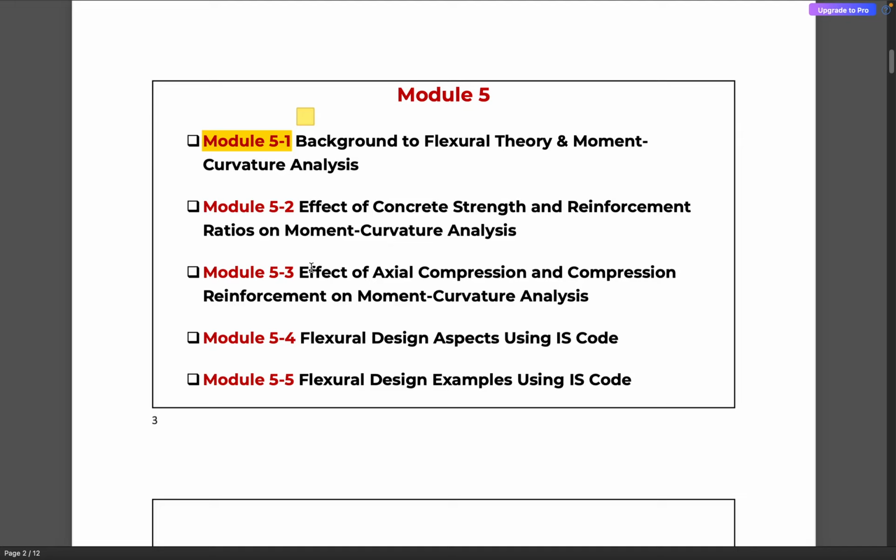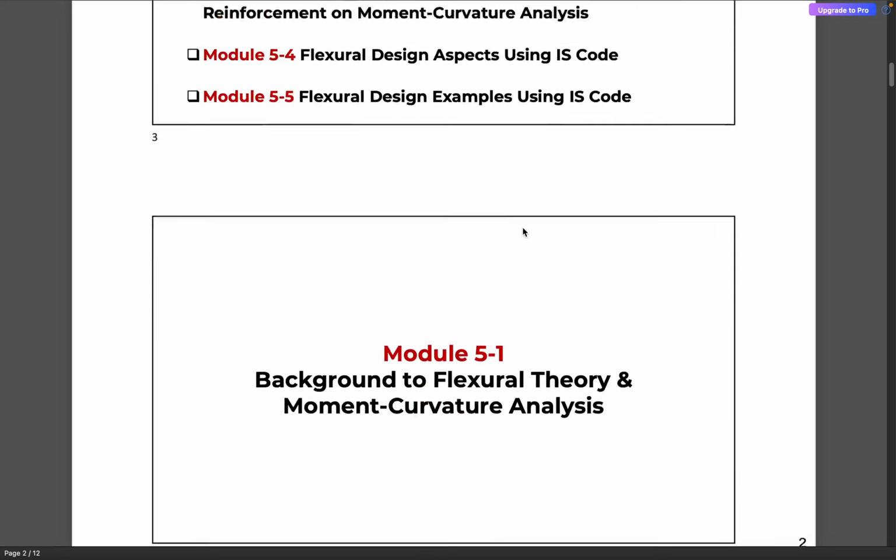Then in parts 4 and 5 we are going to look into the flexural design aspects using the IS code. For this week we consider the first 2 parts of this module. That is, we provided the background to flexural theory and moment curvature analysis, and then we studied the effect of concrete strength and reinforcement ratio on the moment curvature analysis.